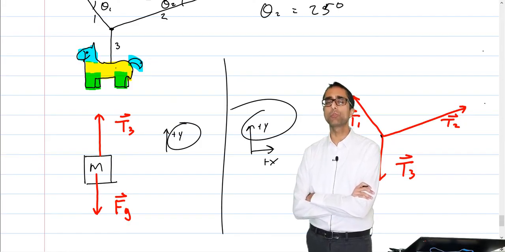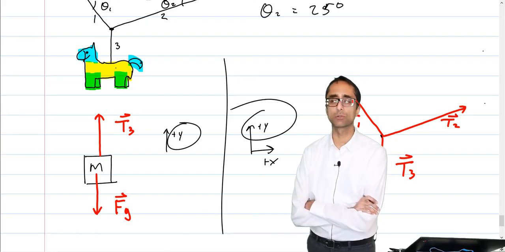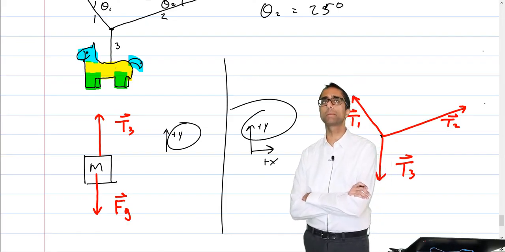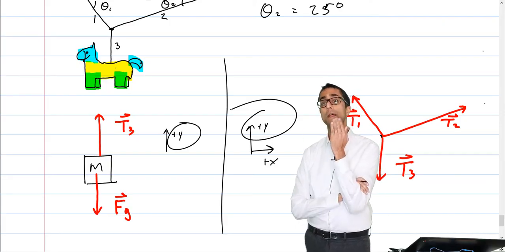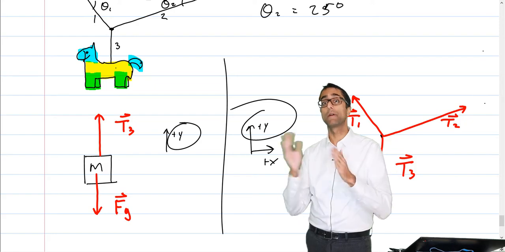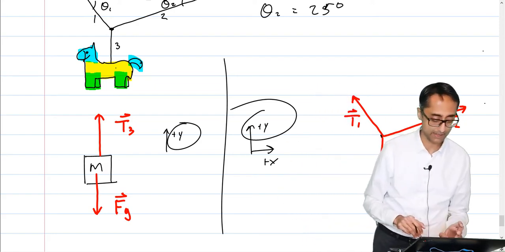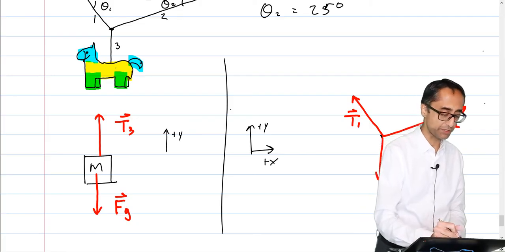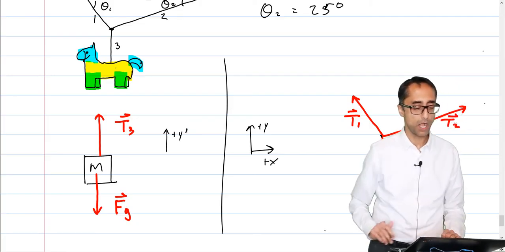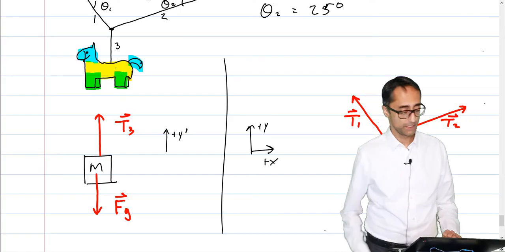And so I want to label those directions as distinct directions. This is going to be especially important when we end up with multiple masses. And maybe at some point you're going to want to make Y up for one and Y down for the other. There are circumstances like that coming fairly soon. So I want to differentiate between my 2 Y directions. I'm going to call that Y primed.